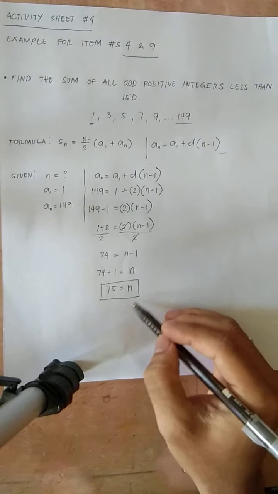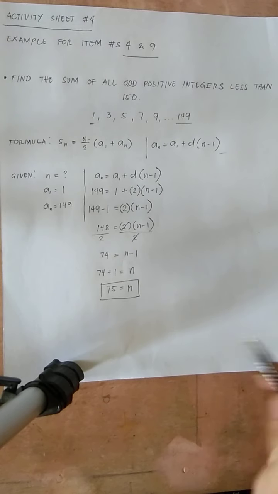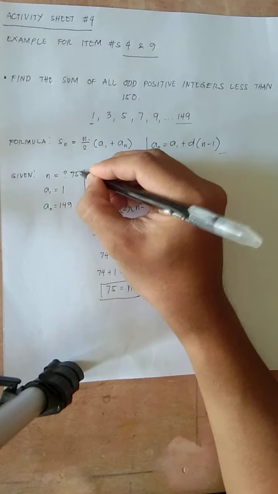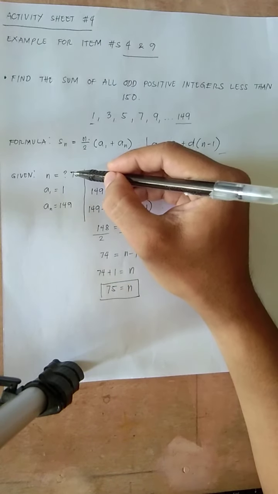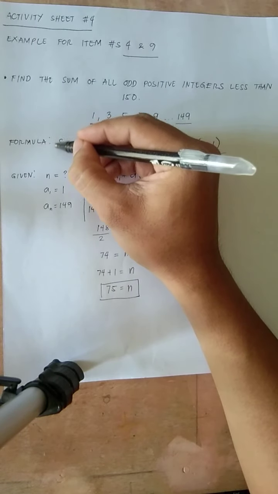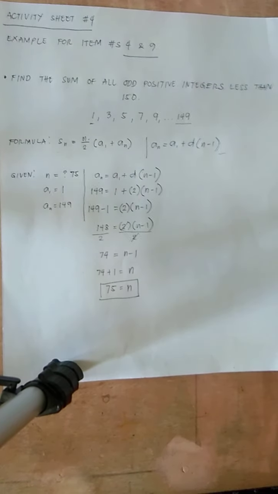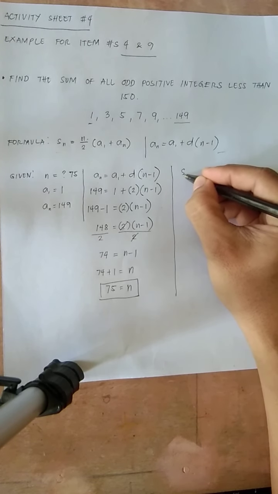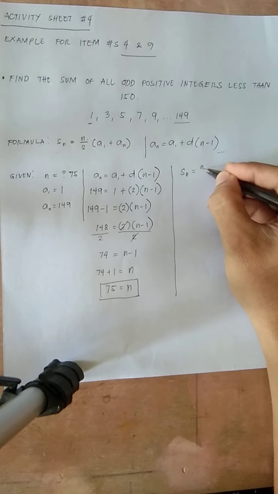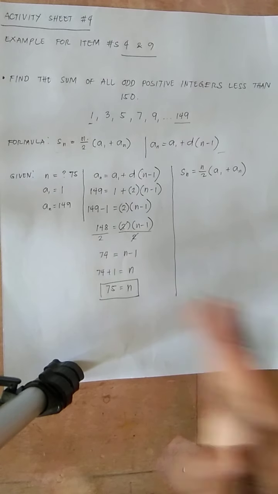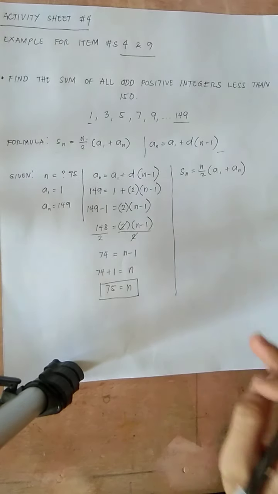Now question, is this our final answer? No. This is just the value for n. Okay? Now that we already have the value of n, then that means that we can now use this formula to find the sum of this sequence. Okay? So let us now use that formula. S sub n equals n over 2 times a sub 1 plus a sub n, and then substitute those values to this formula.